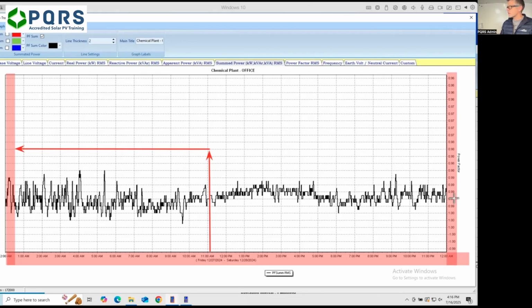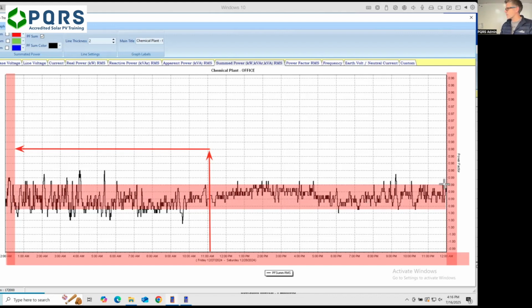In this particular graph, we can see that the power factor sits at about 0.99, with the bulk of the power factor sitting in that range over there.